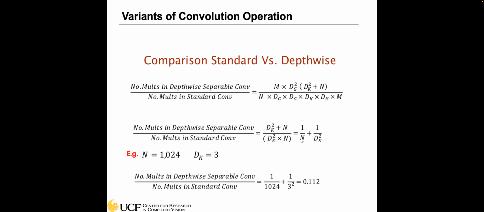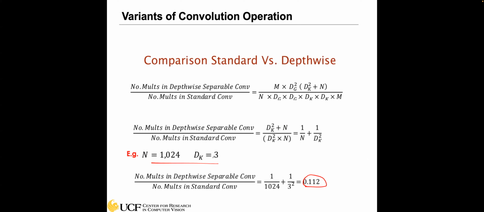Okay, and if we plug in a specific number, let's say we have 1024 filters, and this is the kernel size we're using, you can see depth-wise separable convolution is a little bit over 10%, 0.1, as compared to the standard convolution if we use the same parameters.